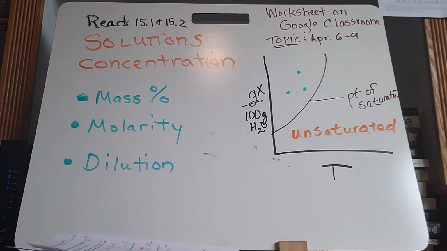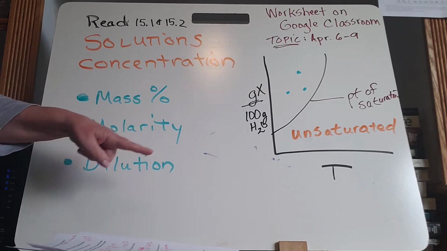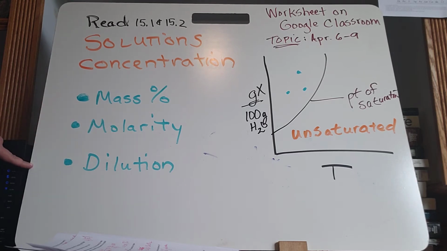Whenever one of your problems asks what is the concentration, they are looking for molarity. If they're asking for a percentage of the mass, we're doing mass percentage. And if they're asking you to determine a volume, you're adjusting it, it's going to be dilution.